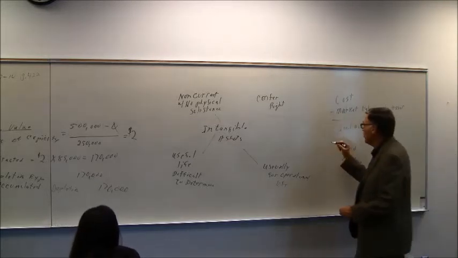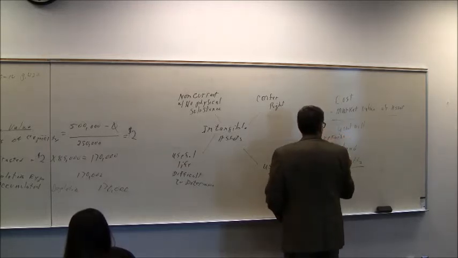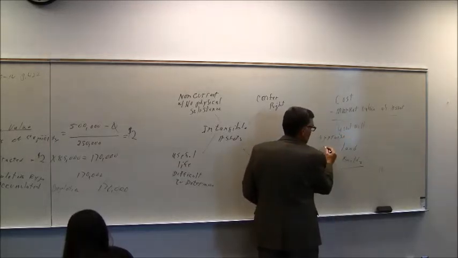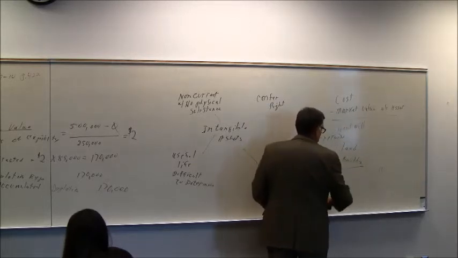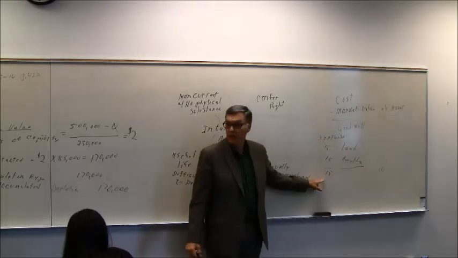Well, what you do is you get an appraisal. Let's say the land is worth $5, and the building is worth $10, so the total appraised value is $15.